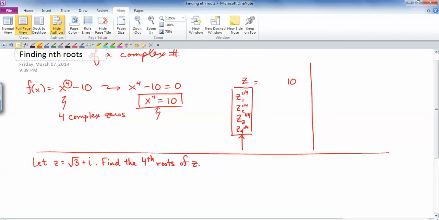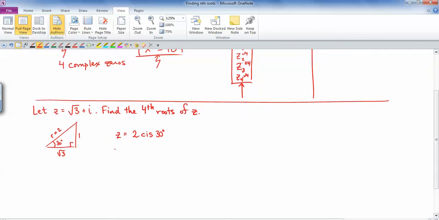Well, the trick to this is to actually use the polar trig form of the complex number. So root 3 plus i is root 3 in the x direction and 1 in the y direction. So that means that the radius here is going to be 2, and the angle that we have here is 30 degrees. So z can also be written as 2 cis 30.